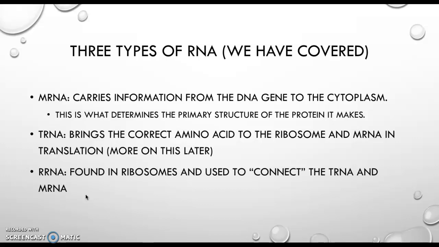This is the one that we're going to focus most on today. tRNA, or transfer RNA, brings the correct amino acid to the ribosome based on the mRNA. This is used exclusively in translation, so more on that later.